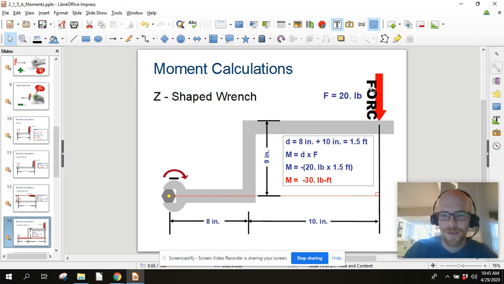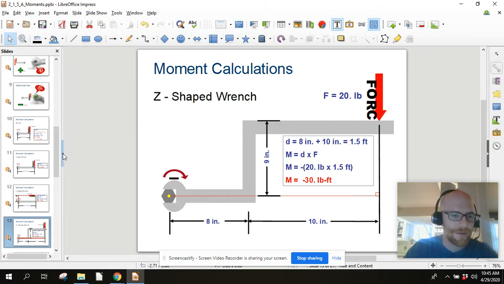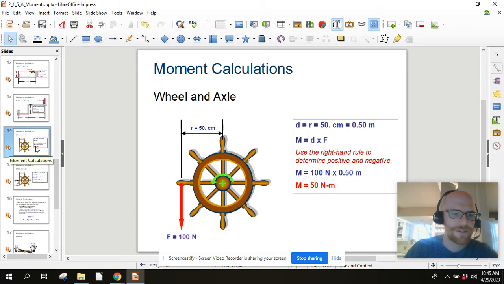Then you multiply that by 20. We're going clockwise, so this is negative 30 pound-feet. There's a moment. That's a moment calculation with those wrenches.